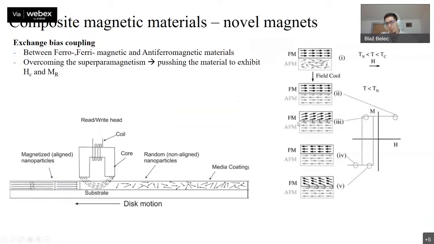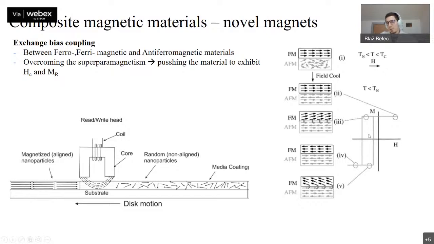What happens at the border of both materials is that the ferromagnetic material is pinned by the antiferromagnetic material, and then we need a higher coercivity field to flip our ferromagnetic spins, and because of that, the whole hysteresis loop is shifted.